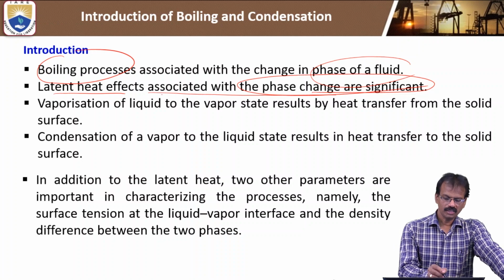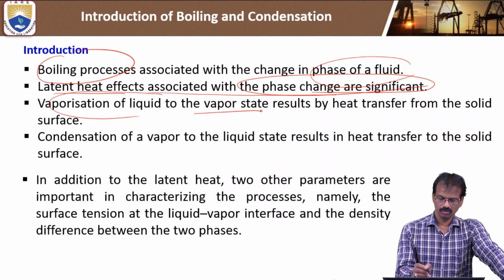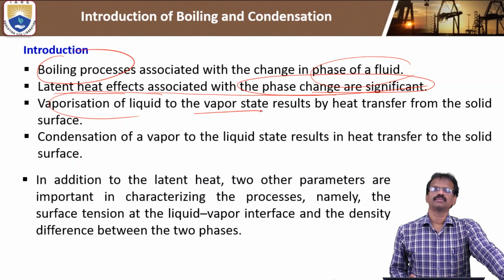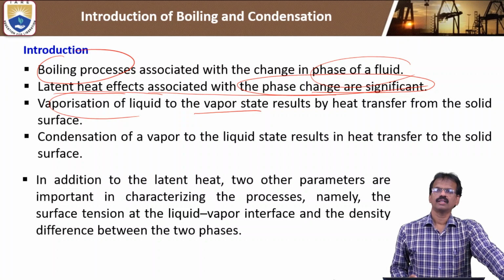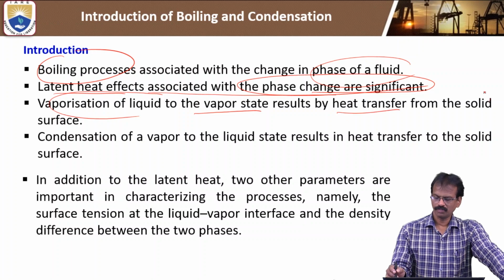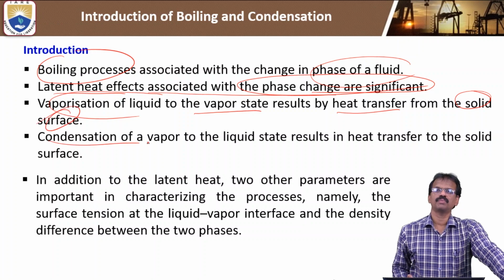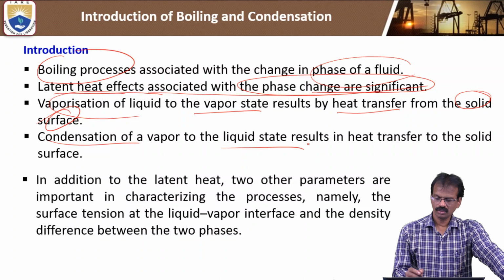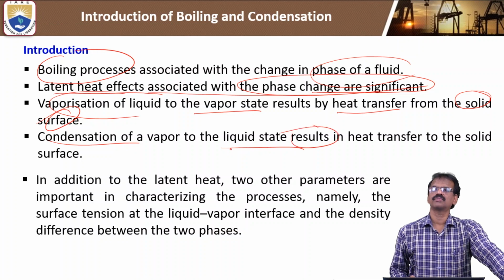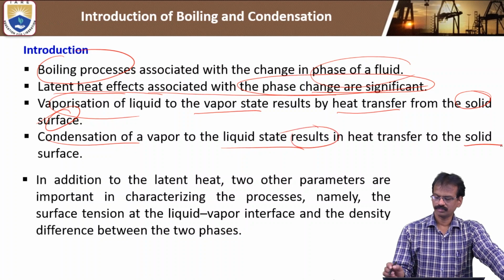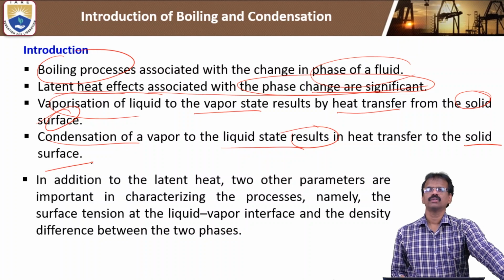Next, vaporization of the liquid to vapor state results from heat transfer from the solid surface. Condensation of vapor to liquid state results in heat transfer to the solid surface. Okay.